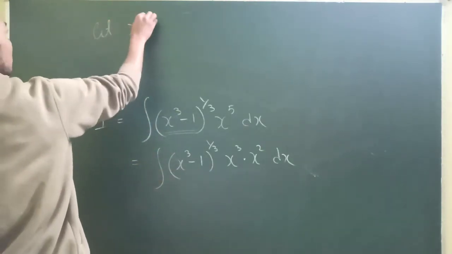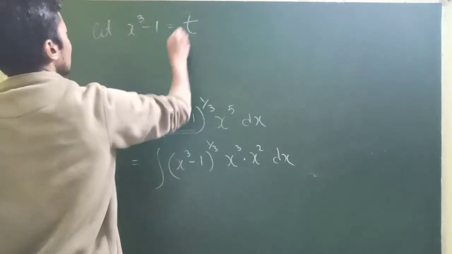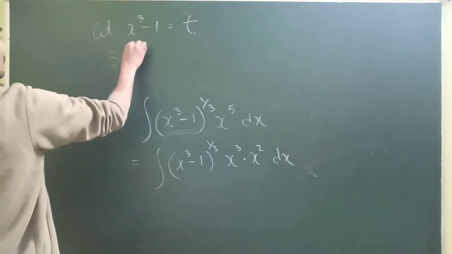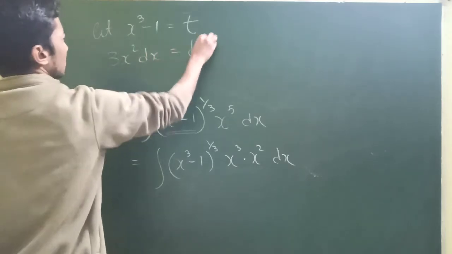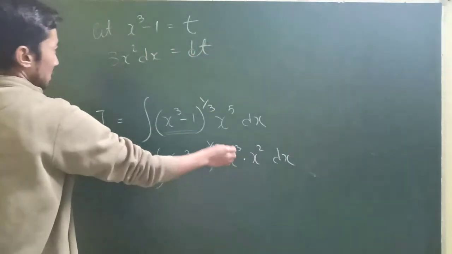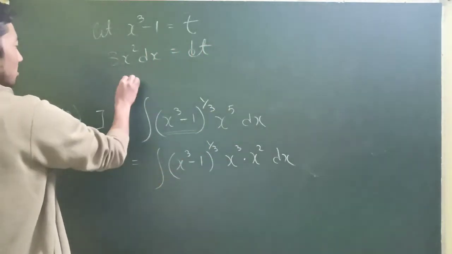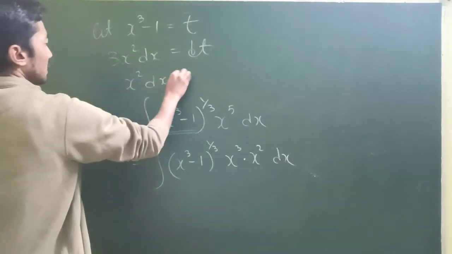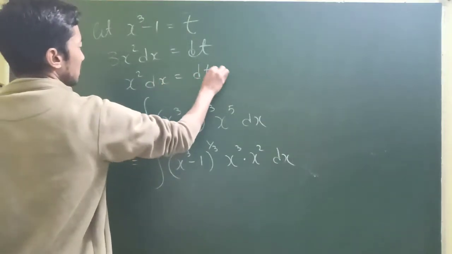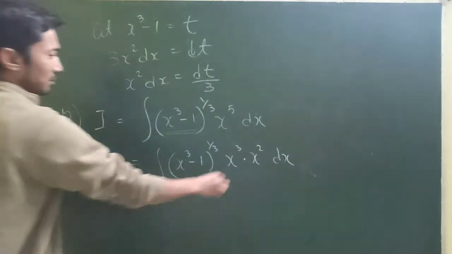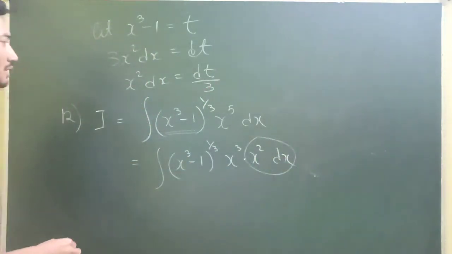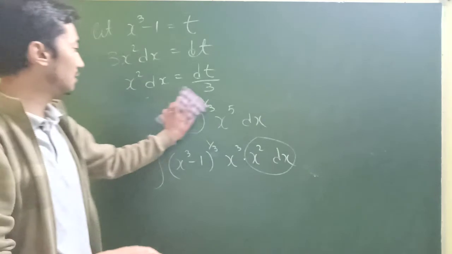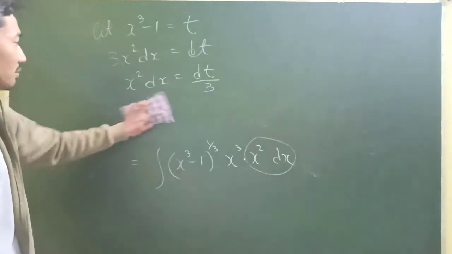Let x cubed minus 1 be t. Then differentiating both sides, I'll have 3x squared with respect to x is equal to dt. So 3 we don't have, no problem. So I will just use x squared dx equals dt upon 3. I think that will be fine, because x squared dx I can substitute now the whole term. That means this variable dx might not be a big problem for us.